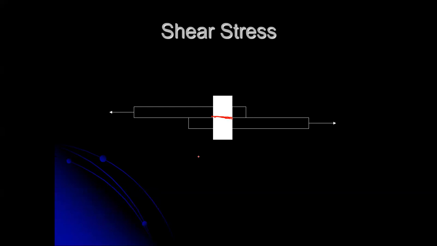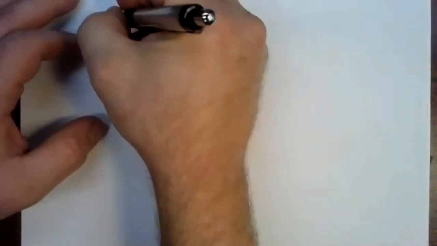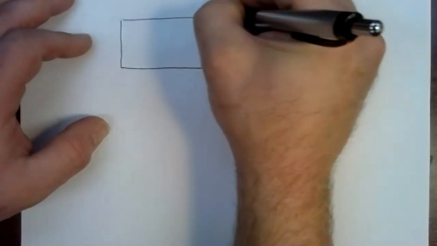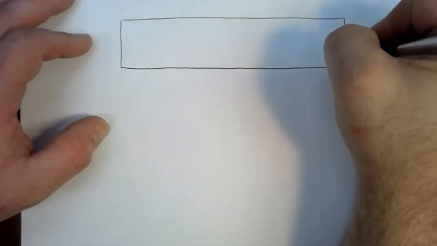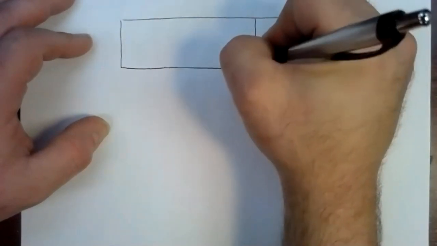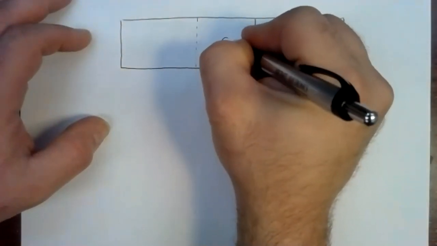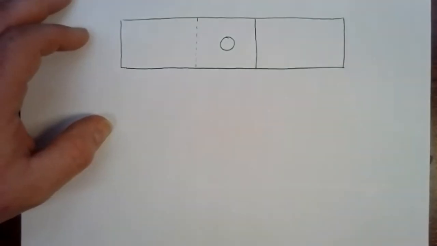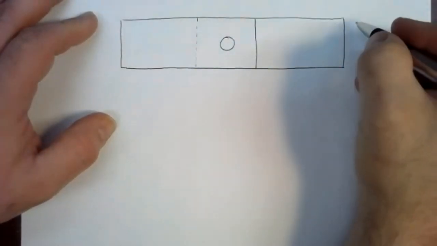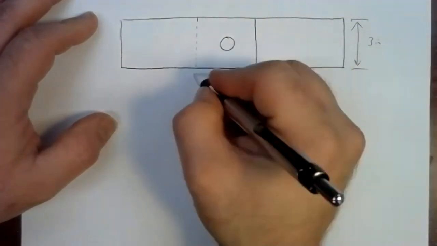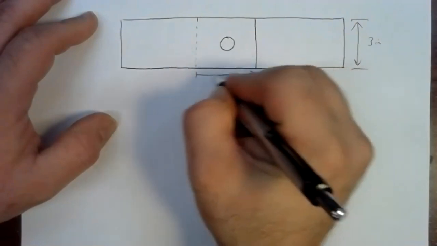So let's see what that would look like here in the calculation. So let's take our lap joint. We'll do our top view first here. And we're just going to put a pin right in the middle of it. And let's see, this was 3 inches. This was 2 inches. So not to scale.